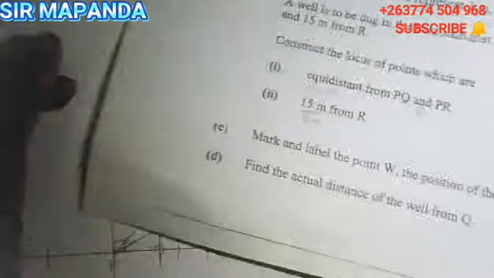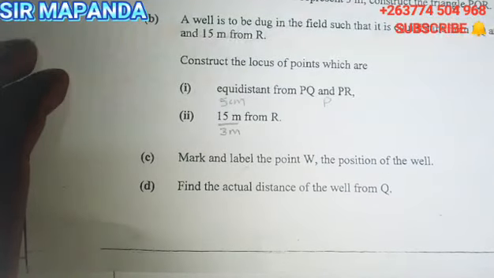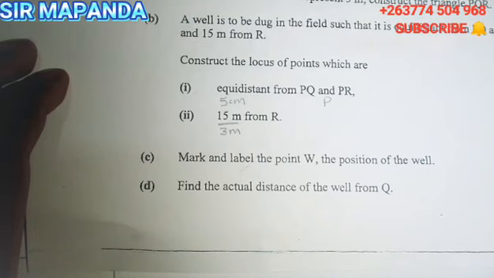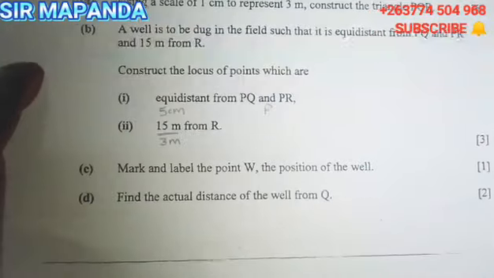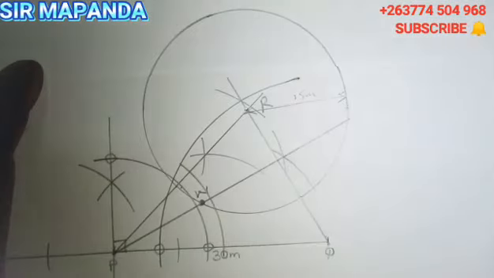Then we move on to part D, which is the last part of the question. It reads, find the actual distance of the well from Q, 2 marks. So to find the actual distance, you start by measuring the length of WQ.